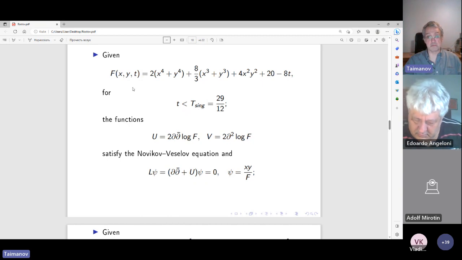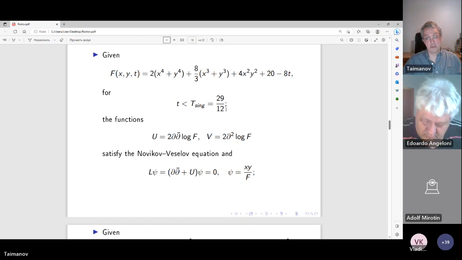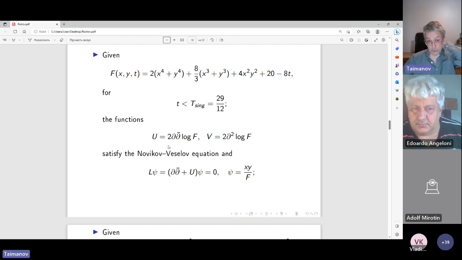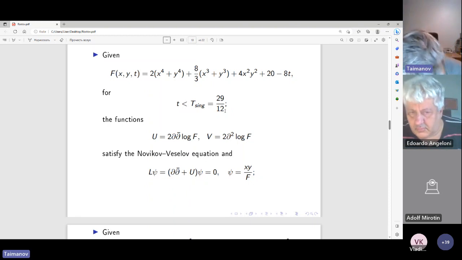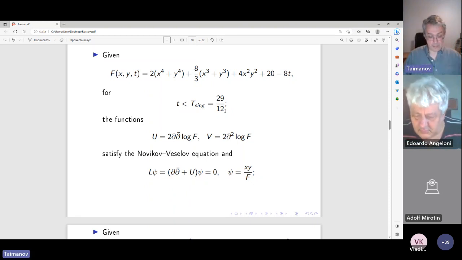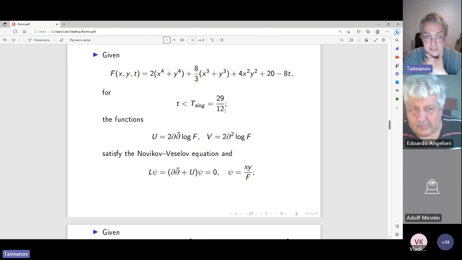This we can compute exactly for this situation: 29/12. Then the solution u of the form 2 d-bar logarithm f satisfies the Novikov-Veselov equation, non-singular. But as soon as t equals 29/12, the solution has two singular points. And then the solution stays singular for all other times.